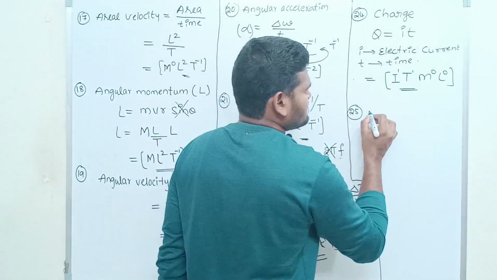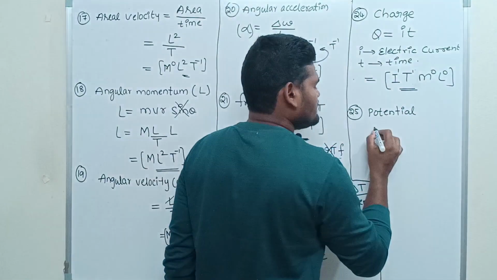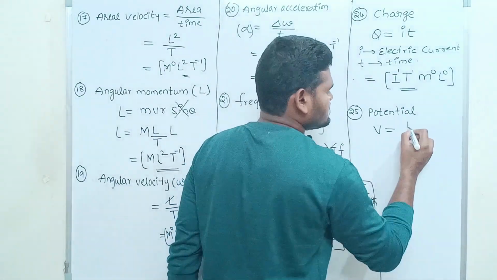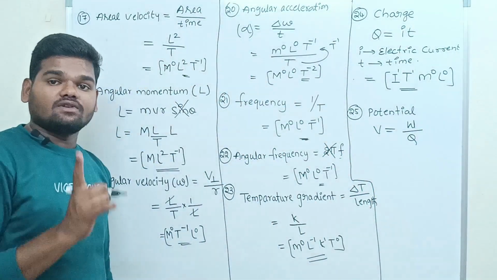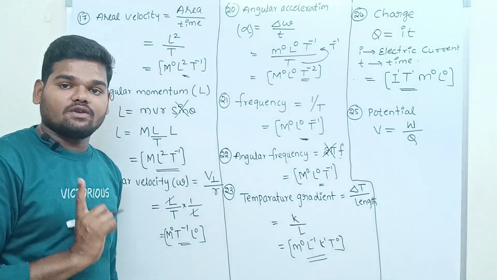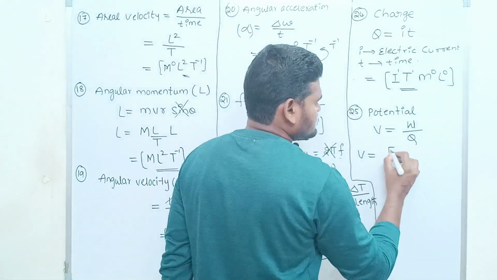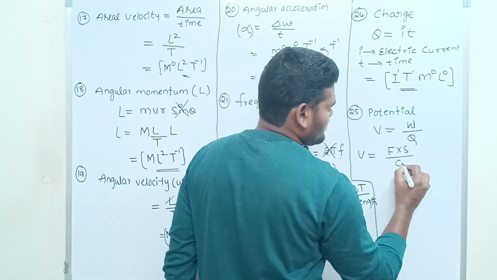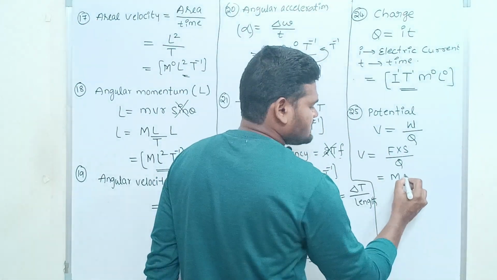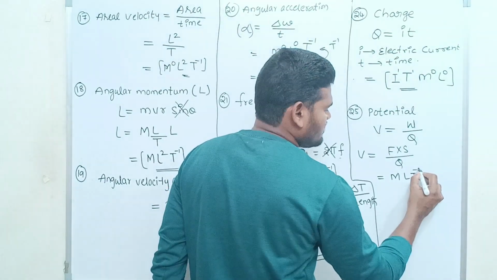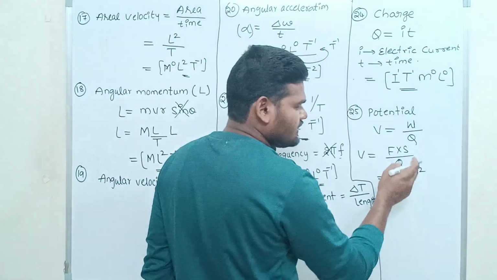25th one. So the 25th one is what? Potential. So potential, capital V, is equals to W by Q. W means work, Q means charge. So W, work done. What is work done? Force into displacement divided by Q. Force F is equals to mass into acceleration, acceleration is L by T square, right?